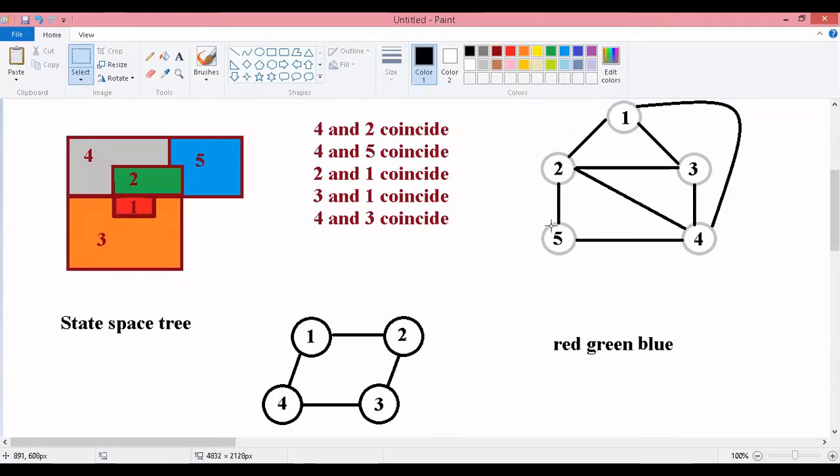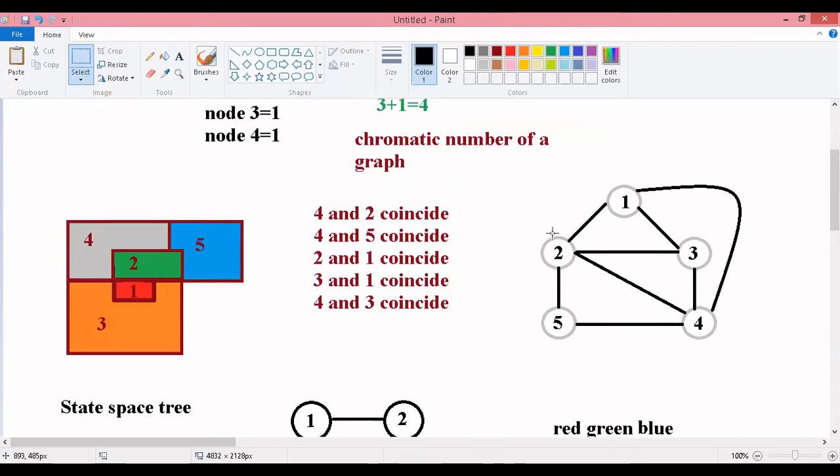Prashantini, sorry. 2 and 5 also will coincide, ma. That is why I have drawn an edge between 2 and 5, ma. Okay, sir. Any doubts, ma? Tell me. Ask me, please. Any doubts means ask me. No, sir. Okay, ma. Fine.